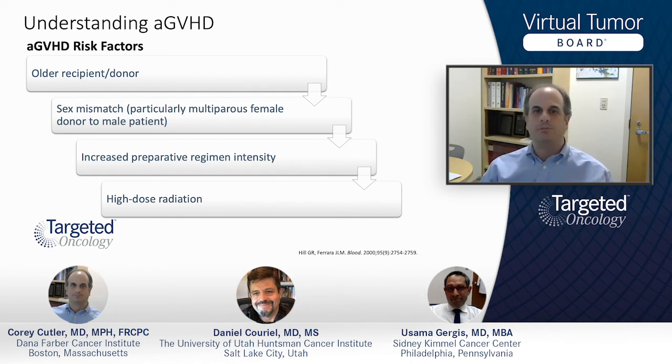We try to minimize sex mismatch when we choose our stem cell donors, and we can choose the preparative regimen intensity, understanding that regimens with higher intensity are associated with more graft versus host disease, and understanding that regimens that use high dose radiation are also associated with higher rates of graft versus host disease.